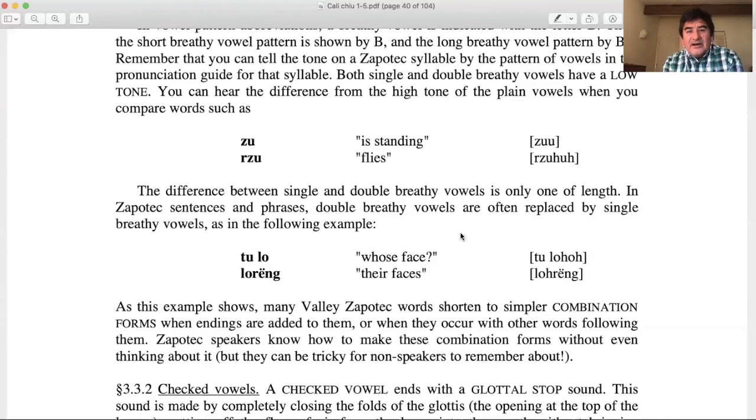So bear with me, and hopefully you can hear all the different types of vowels that we have, and then we're on our way to introduce sentences and other good things. All right.